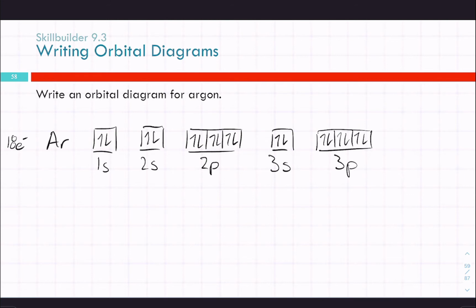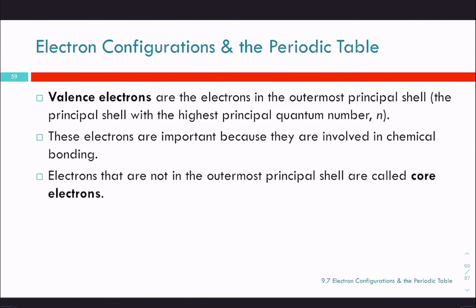So it does have a full complement of electrons. Every one of those orbitals is full and paired. So for elements, this is a special state. When you have all of your orbitals filled and paired, it's a lower energy state than if you had even just one less or one more electron.